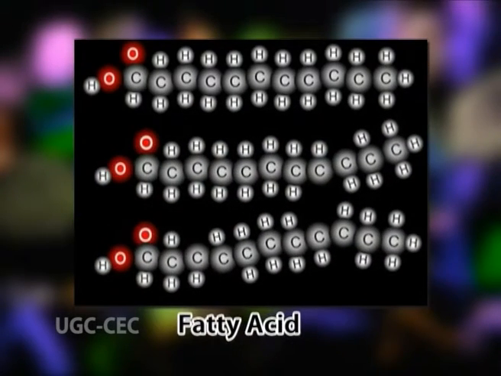A fatty acid is an organic acid with a long hydrocarbon chain which ends in a carboxylic group. The carbon chain length in the fatty acids varies from 14 to 22 carbon atoms, with most of the fatty acids having 16 to 18 carbon atoms in their structure.